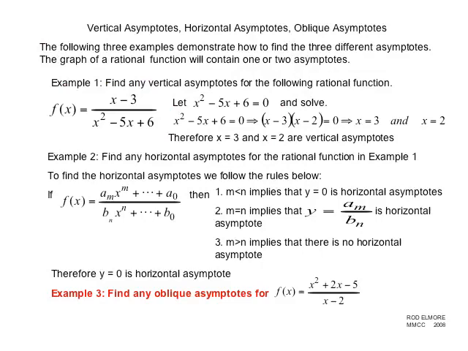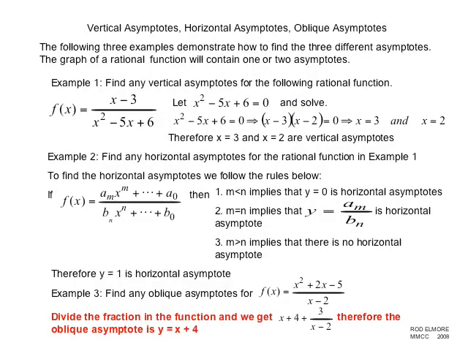Example 3. Find any oblique asymptotes for f of x equals x squared plus 2x minus 5 divided by x minus 2. Now to find the oblique asymptotes, you divide the denominator into the numerator, and then you get the oblique asymptote from your answer.